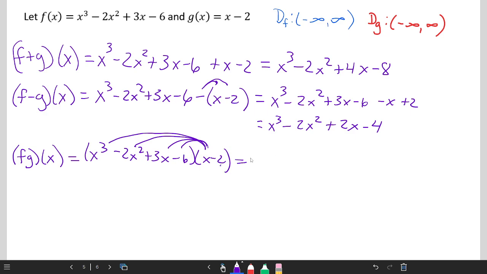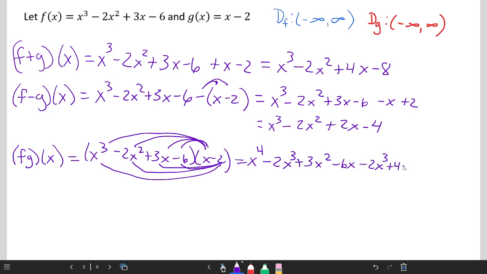I'm going to start with the x though, so x to the fourth minus 2x cubed plus 3x squared minus 6x. And then I'm going to distribute the negative 2. So minus 2x cubed plus 4x squared minus 6x plus 12. And then we can combine some like terms.